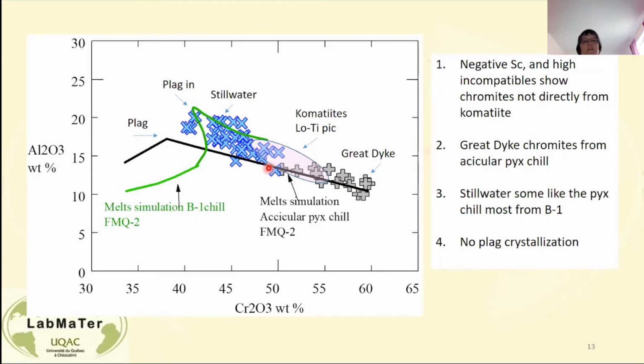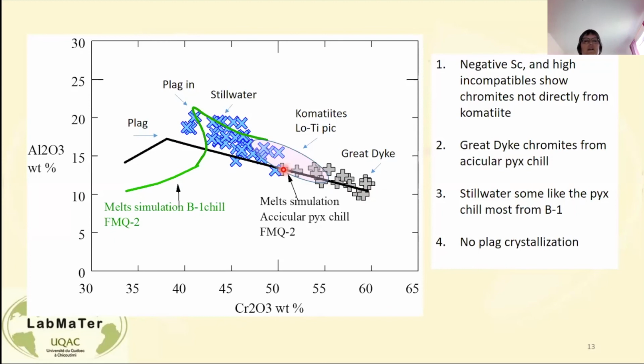orthopyroxene in particular. What we see is the Great Dyke samples, and here I've added Alan Wilson's massive chromitites to our own data set. We see the lowest ones are the least crystallizing from the least fractionated chill, but we could make the chromites from the acicular pyroxenitic chill, which has about 15% crustal contamination of a Komatiite.